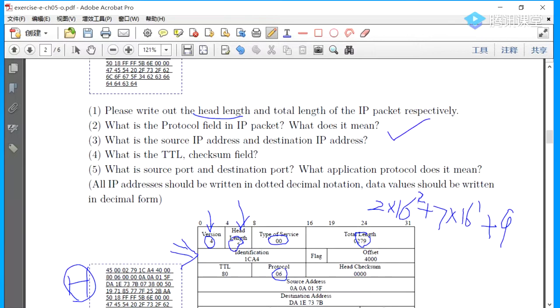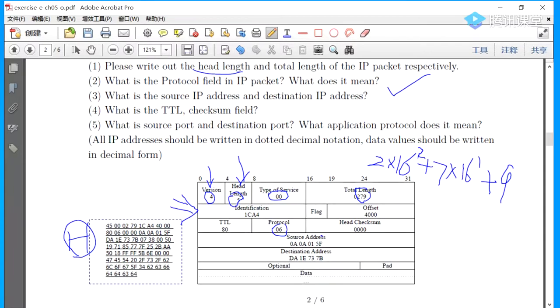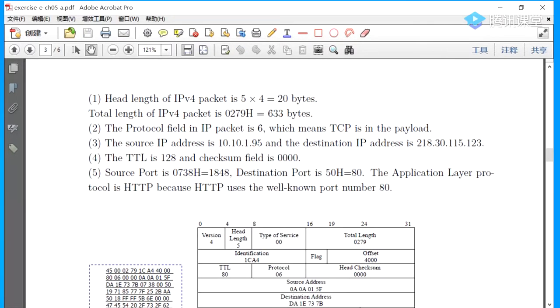That is okay. 3. What are the source IP address and destination address? The source address is 0A, 0A, 01, then 5F. We can convert to dotted decimal notation: the source IP address is 10.10.1.95.